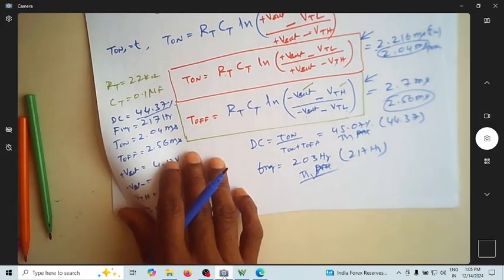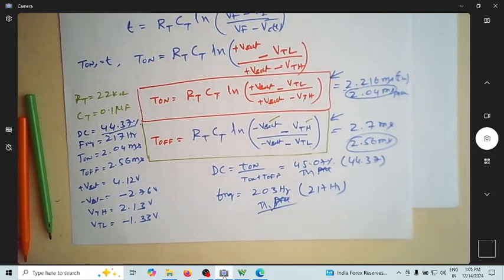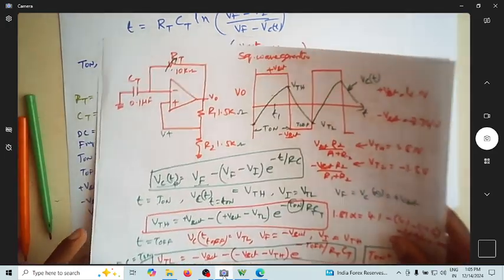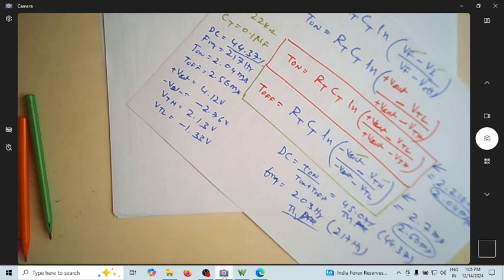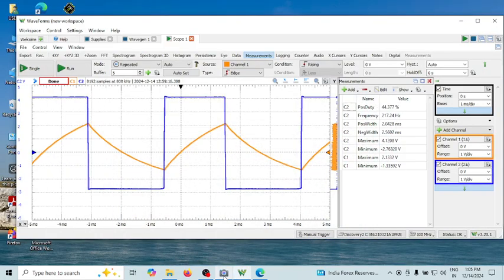Now there is another possibility of getting different duty cycles.